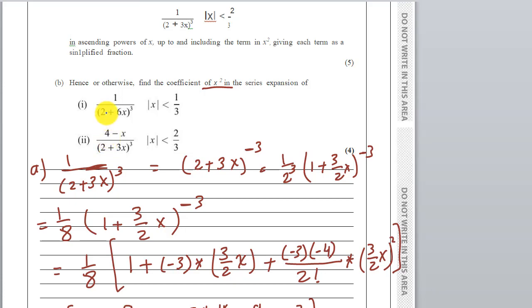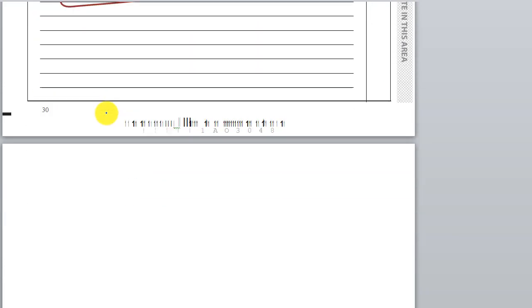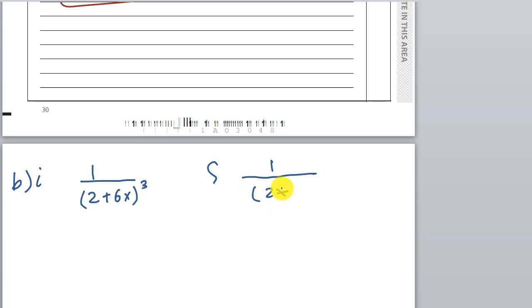So now, let us write each one of them. This is part (ii). Now 1 over (2 + 6x) to the power 3. The main one is 1 divided by (2 + 3x) to the power 3.